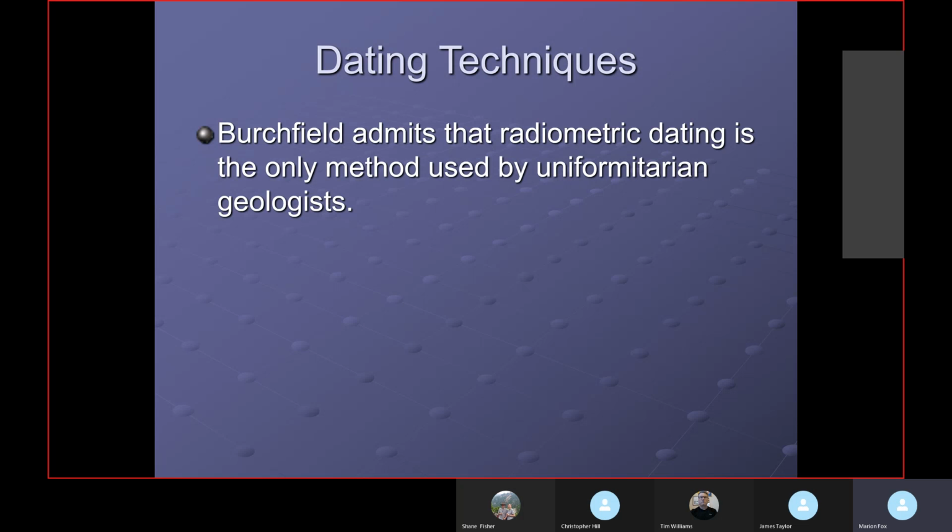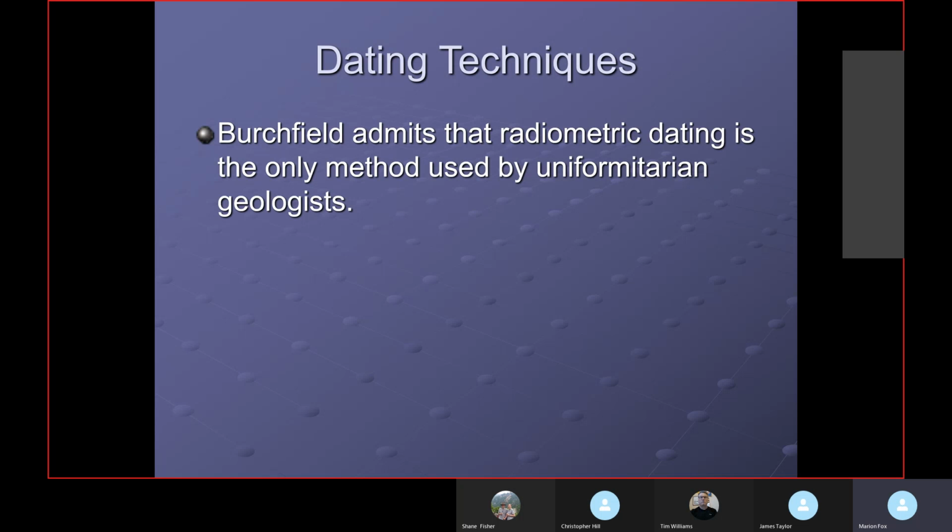Birchfield admits that radiometric dating is the only method used by uniformitarian geologists. Now, he admits it. When it's all said and done, it all goes back to radiometric, which again, as we pointed out, has four variables in the massive formula, and they know one of them with pretty good certainty. We'll just give them that point.